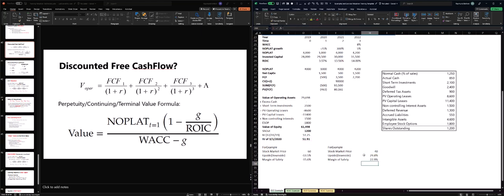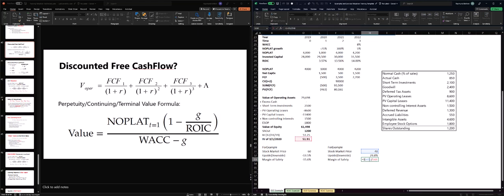So again, how do you calculate? IV divided by market price minus 1, or basically this divided by this minus 1. It's the same, it's just algebra.